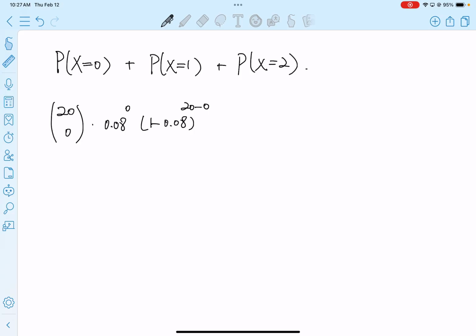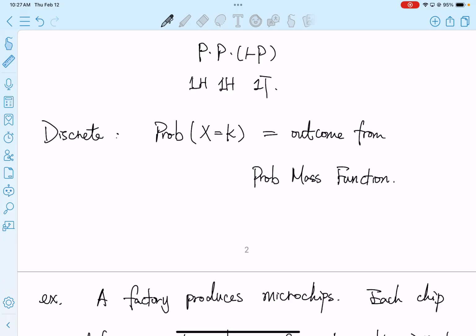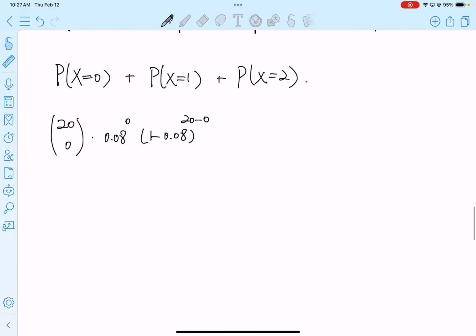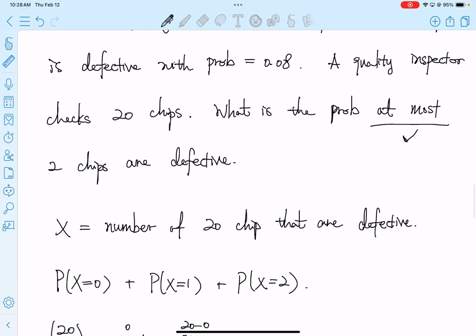Evaluating this probability mass function will give you the probability that X equal to 0. But to answer the question, we need to take the sum of all three cases to answer at most 2 chips.